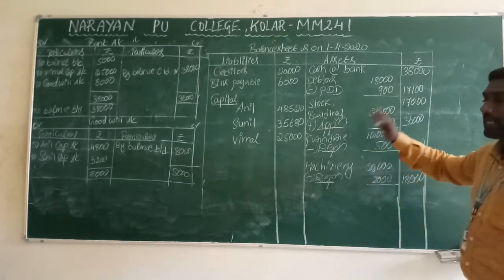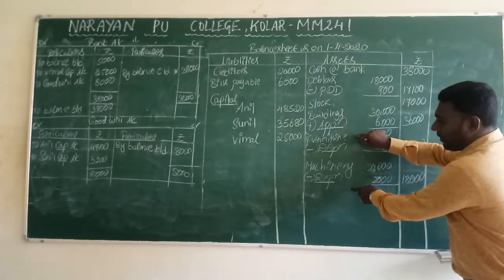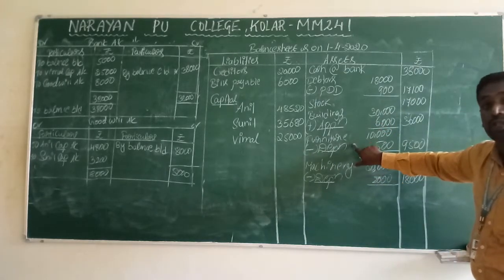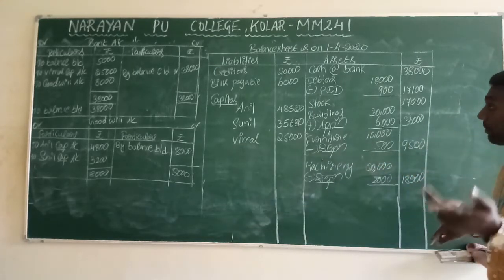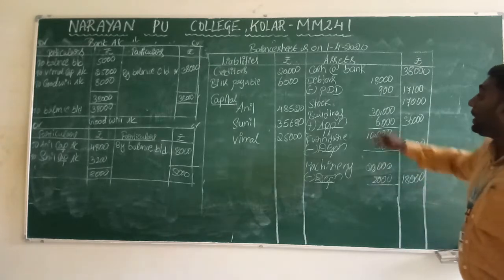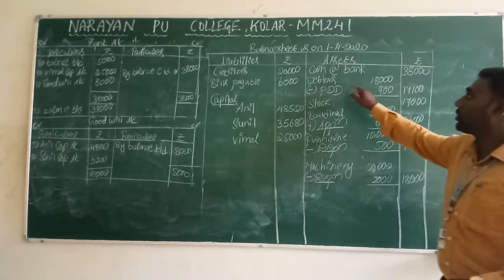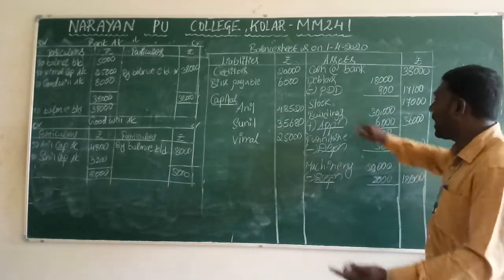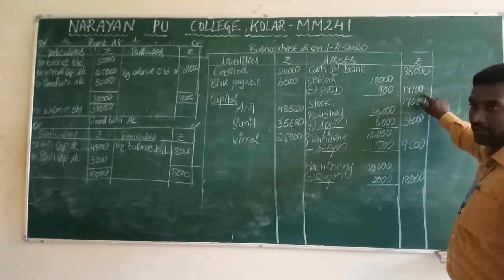Once we should consider it as an expense under account number 1. Second, we should deduct it from the original values in the balance sheet and find out the present value. Next, adjustment number 3, PDD, provision for doubtful debts. We should consider it as an expense, record it in the revaluation account on the debit side, and deduct it from the balance sheet and write the present value.